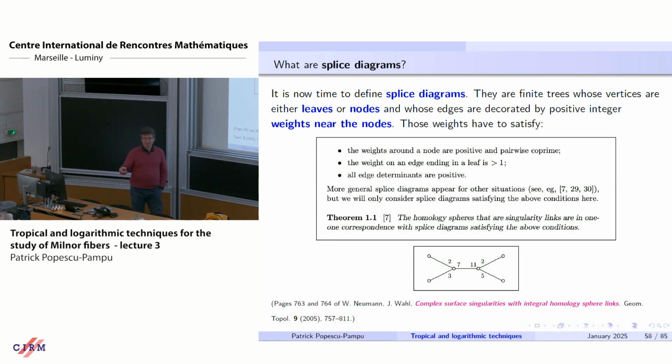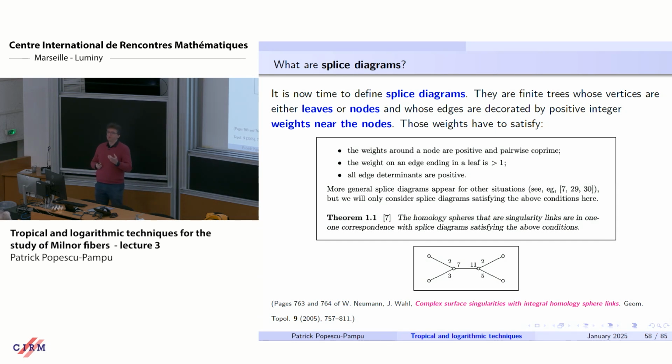Why? Because, in fact, the theorem here is that in this way we describe all links of isolated surface singularities which are integral homology spheres. And this is, in fact, a theorem of a book by Eisenbach and Neumann of the mid-80s.